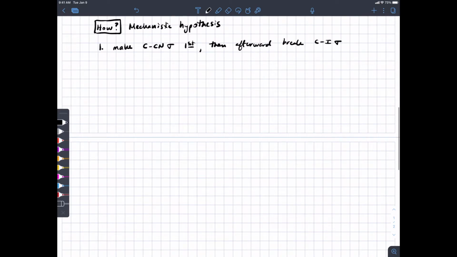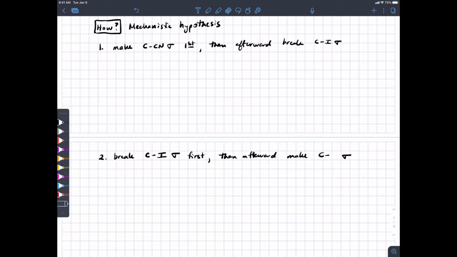So what would this look like? Let's see, option 2 could be that we break the carbon iodide sigma bond first. We get some intermediate, and then afterward we make the new carbon iodide sigma bond.